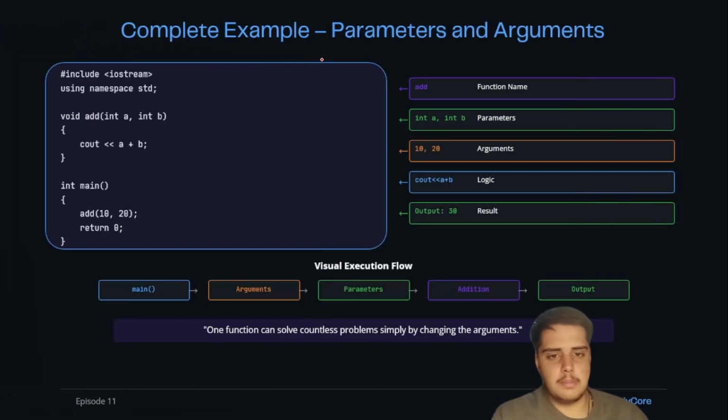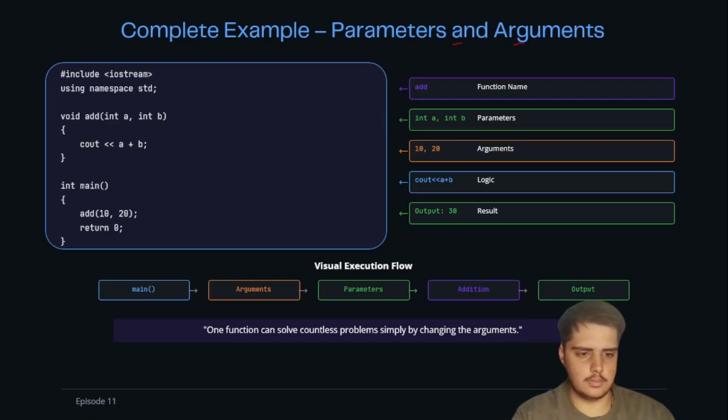Coming next, a complete example of parameters and arguments. Here: #include <iostream>, using namespace std, and void add(int A, int B), cout A plus B, and in int main, add of 10 and 20 is given. Let me show you this code in VS Code.